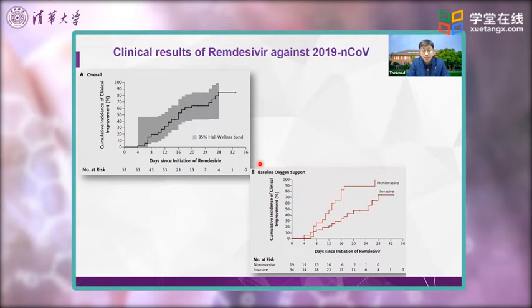And this drug has been tested in a clinical trial. On the top right, remdesivir can improve the overall outcome of the patients. On the lower right, for patients on either non-invasive or invasive ventilation, the drug can give improvements.